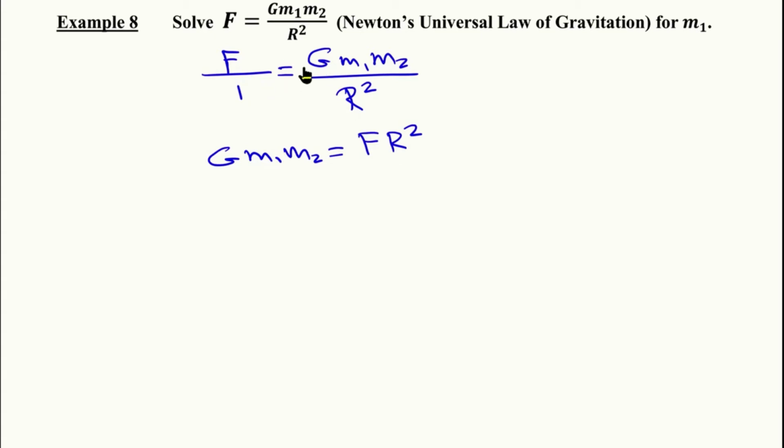Sometimes in the same formula you have the same letter in both its uppercase and lowercase formats, and they will be standing for completely different things. So it's very important to watch case. All right, so we are solving for m1, so here we're just going to divide both sides by G m2.